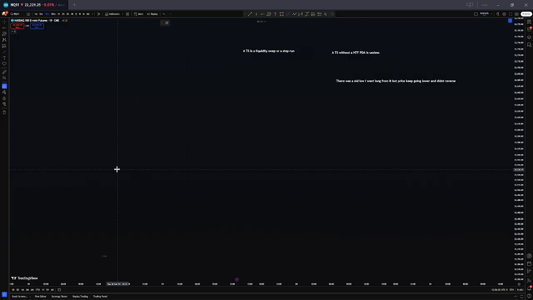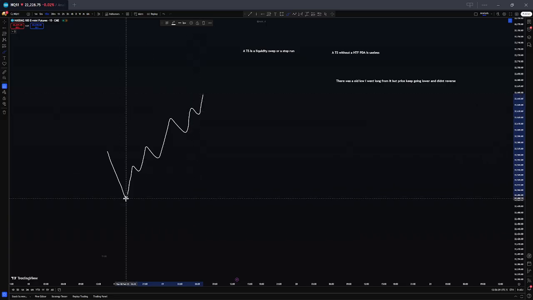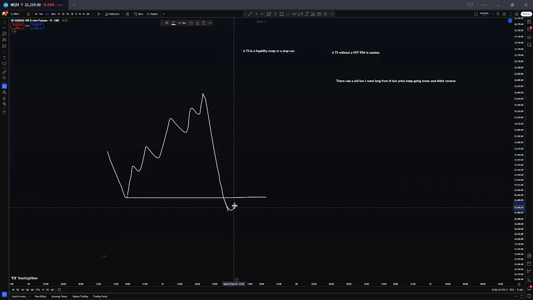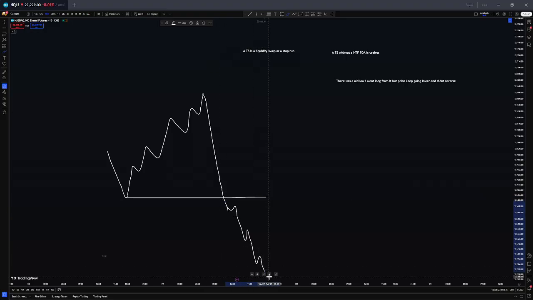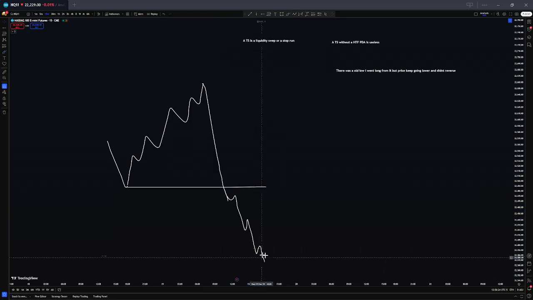Now how to fix this? So the mistake is we have an old low, market's going higher. You're expecting a turtle soup. Market reversed, took out the old low, but it kept going lower and lower. Your entry was here, but you got stopped out. Right.